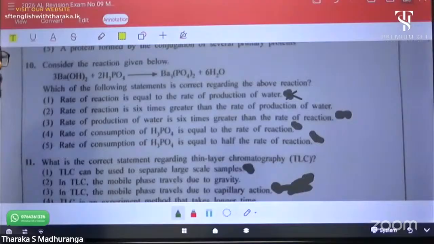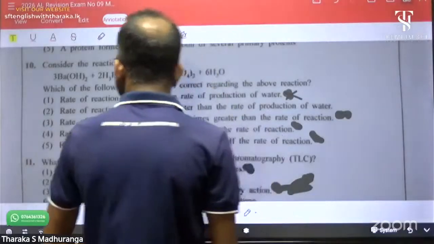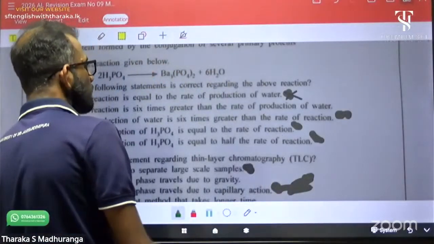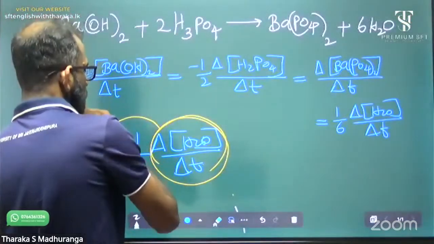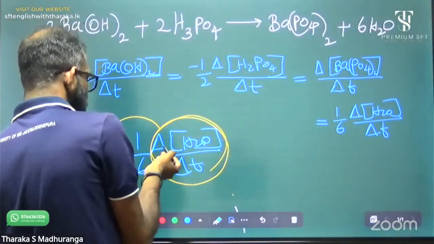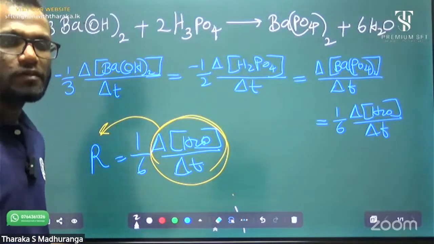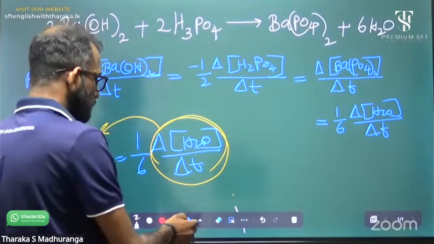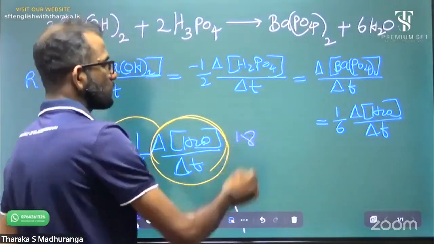Rate of reaction is 6 times greater than the rate of production of water. No, the rate of reaction equals R only when you divide by 6. As an example, think the water production rate is 18.